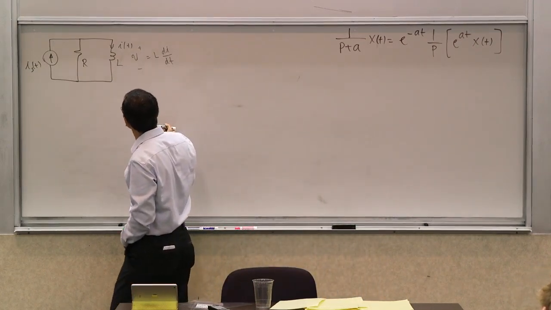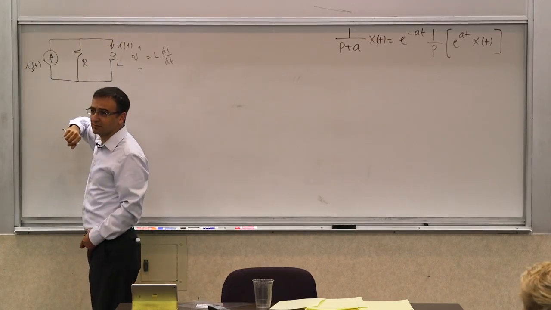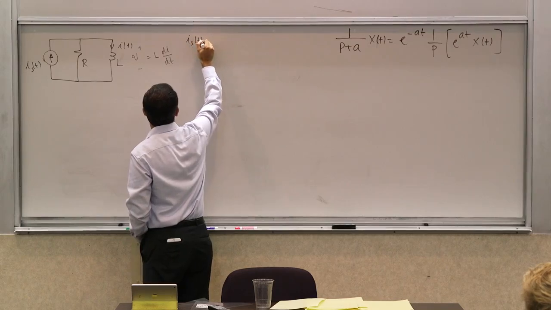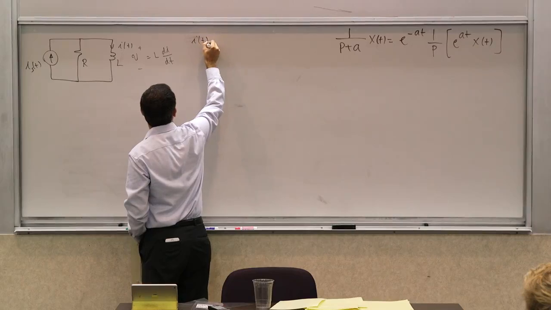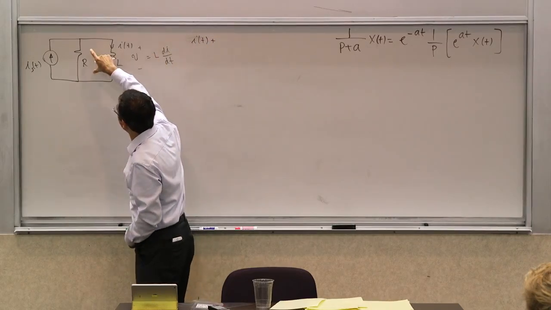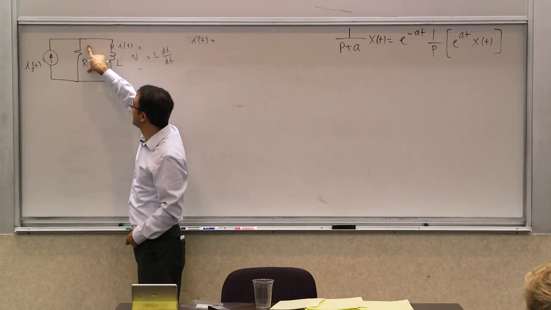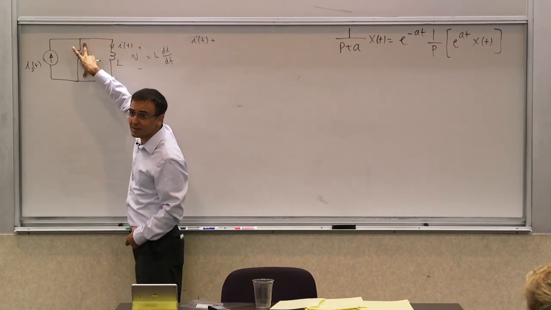So that's V, and I know that this current plus that current should be this current. So I know that I of t plus the current through this resistor, which is what? What is the current through this resistor in terms of its voltage? The voltage across this guy and that guy are the same, right?